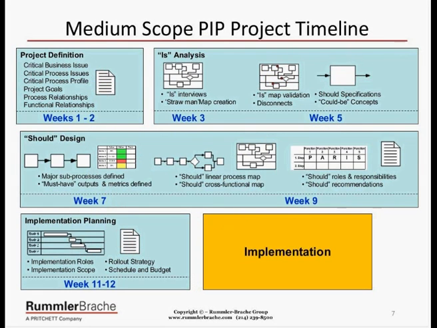Which brings me to the timeline of something of this nature. We're talking anywhere from 10 to 20 weeks, depending on the scope of a project. So if you're doing something that's a major overhaul of a petrochemical company's supply chain, that's a very large process.